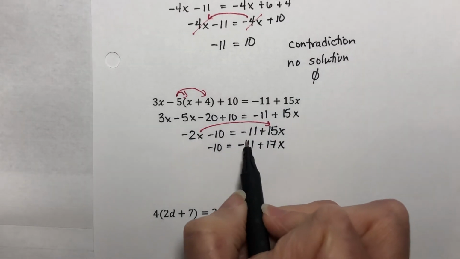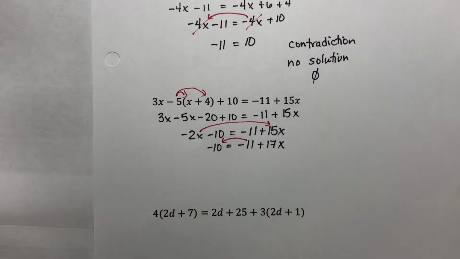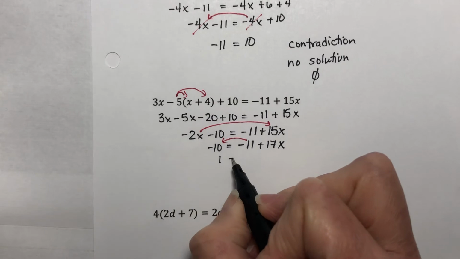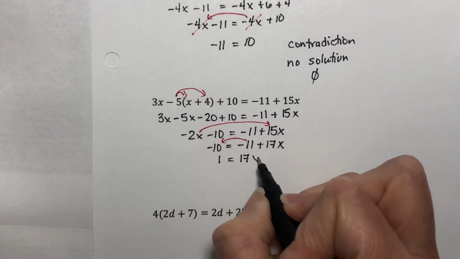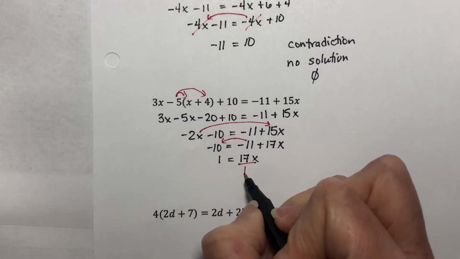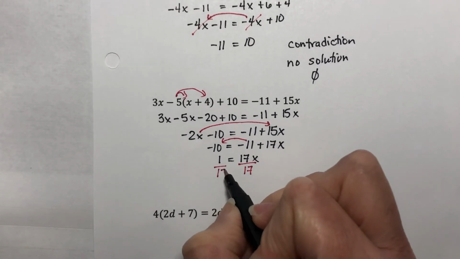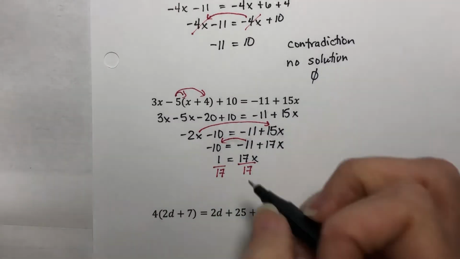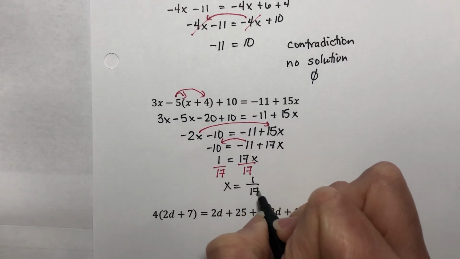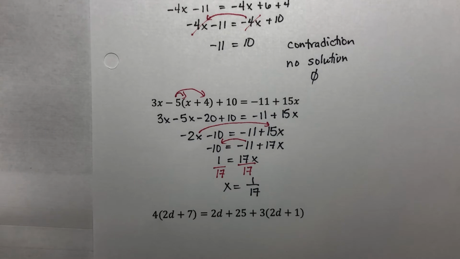Now let's move the 11 over here, and by adding 11 to both sides, that gives me 1 is equal to 17x. Now divide both sides by 17, and we get x equals 1 over 17. Okay, so this is a regular problem. We got an answer.